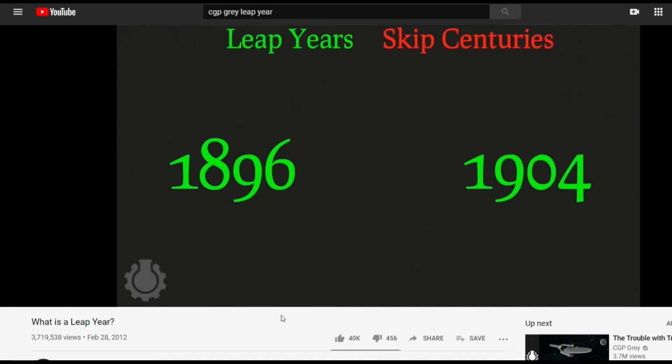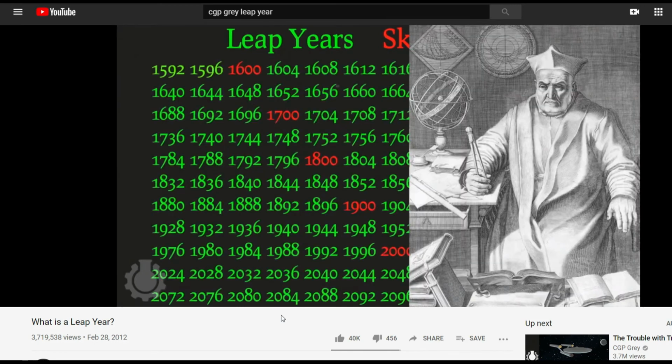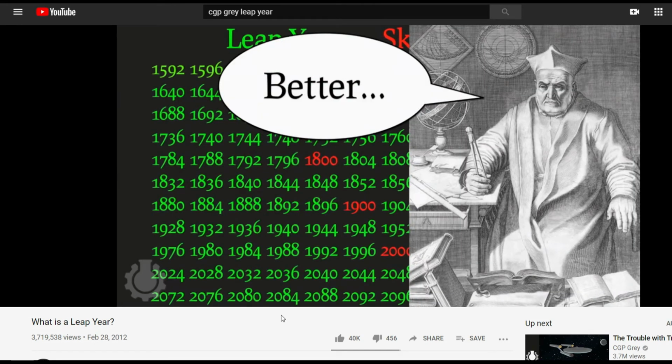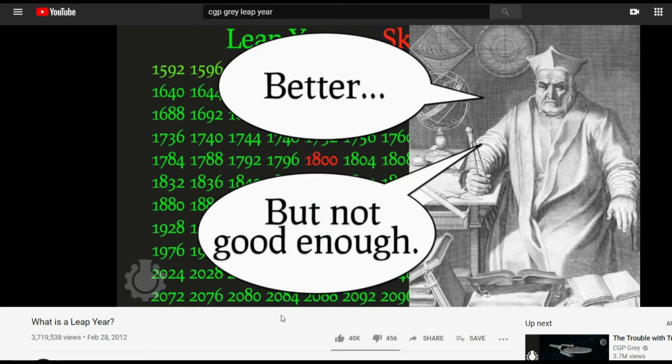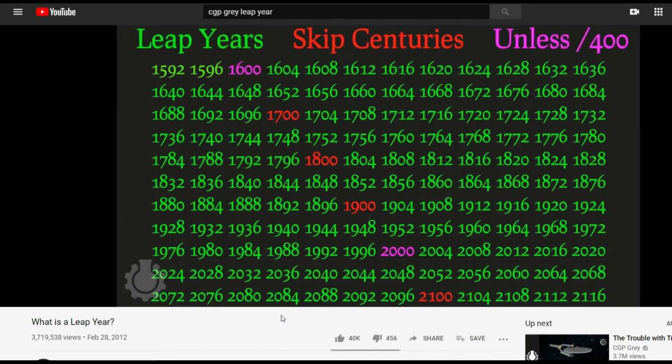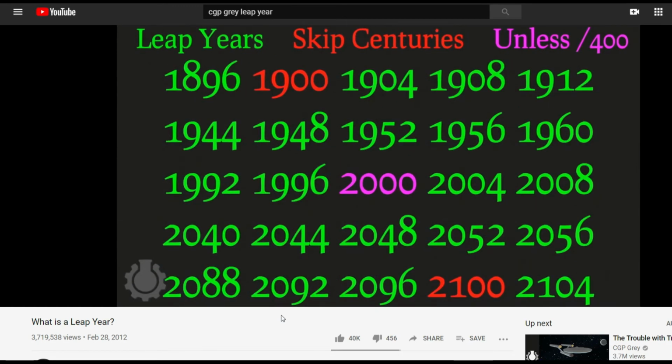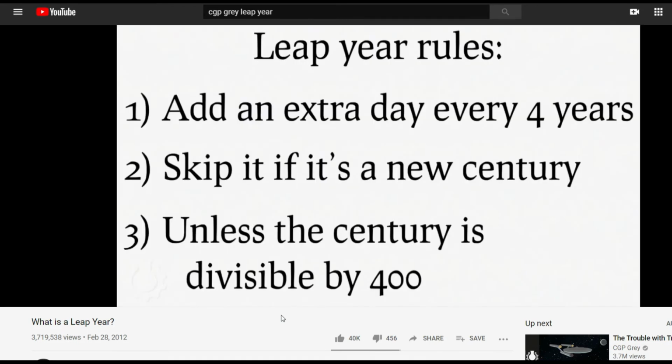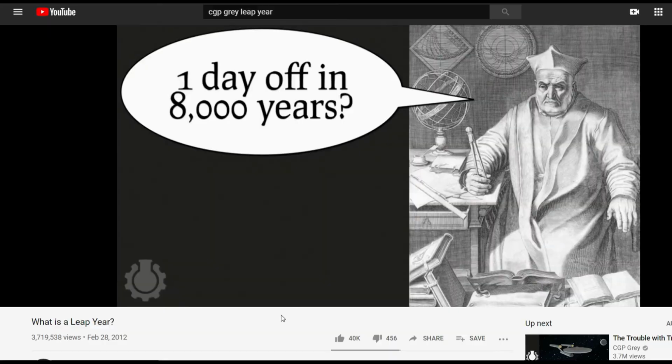So every 100 years, you will have a year divisible by 4 that is not a leap year. However, that doesn't apply if that year is divisible by 400. So every 400 years, you're going to have a year that's divisible by 100, but is still a leap year. So keep that in mind.